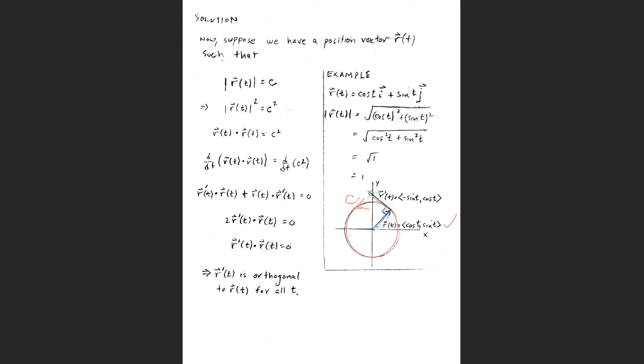So as the blue position vector changes with respect to time, for every value of t, the tip of the position vector r of t dictates a point.